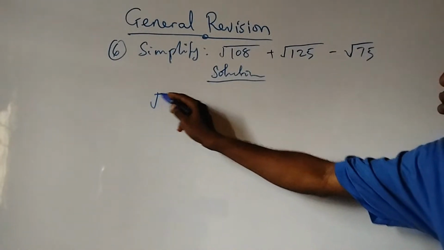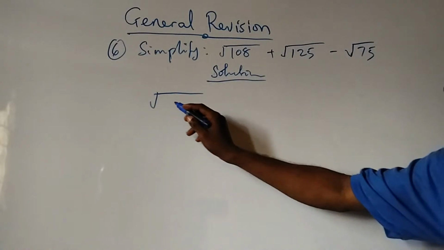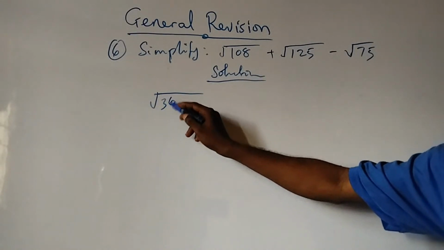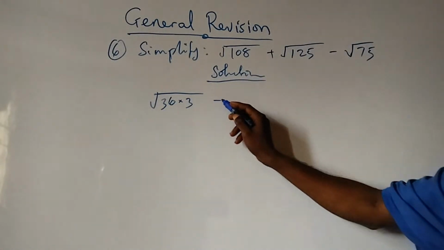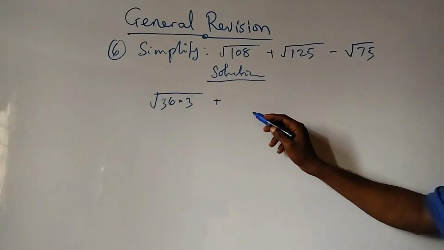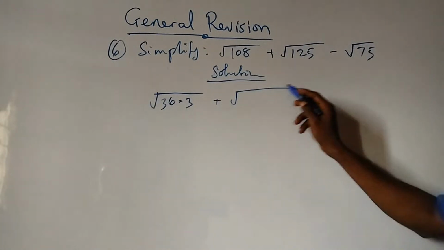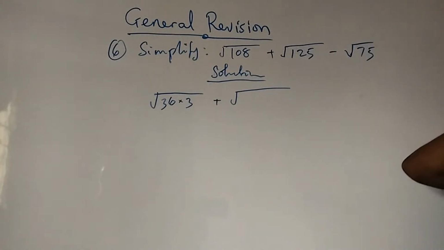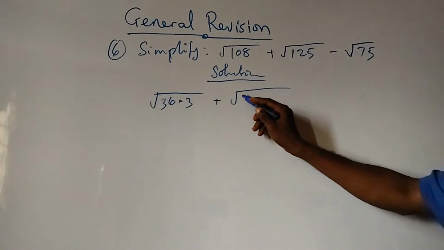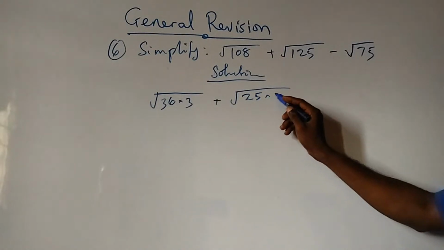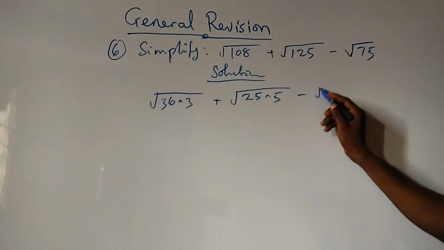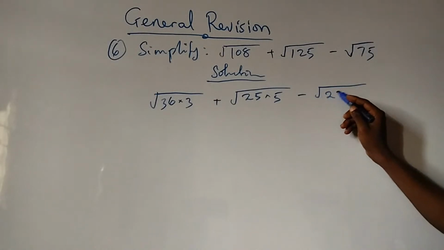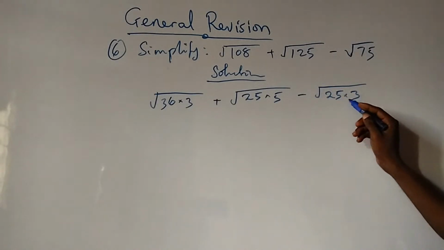That can be written as root 36 times 3, and plus root 125. That can be written as root 25 times 5. Then minus here root 75. You can write that as root 25 times 3.